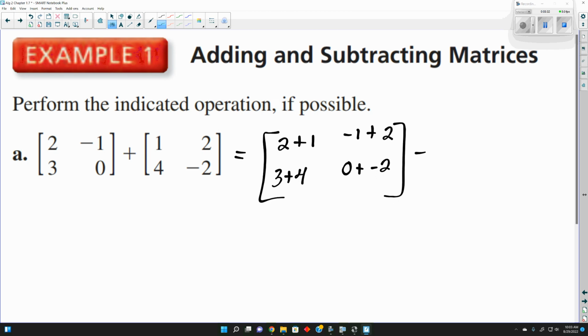Now we can just simplify those. 2 plus 1 is 3. -1 plus 2 is 1. 3 plus 4 is 7. And 0 plus -2 or 0 minus 2 is -2. And that's it. Questions on this here?